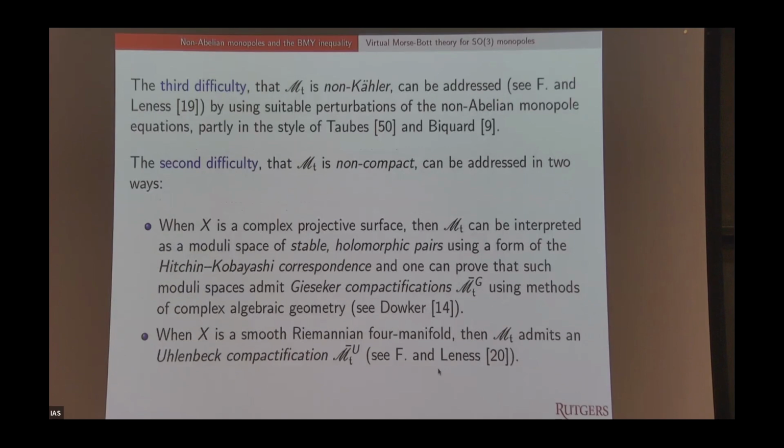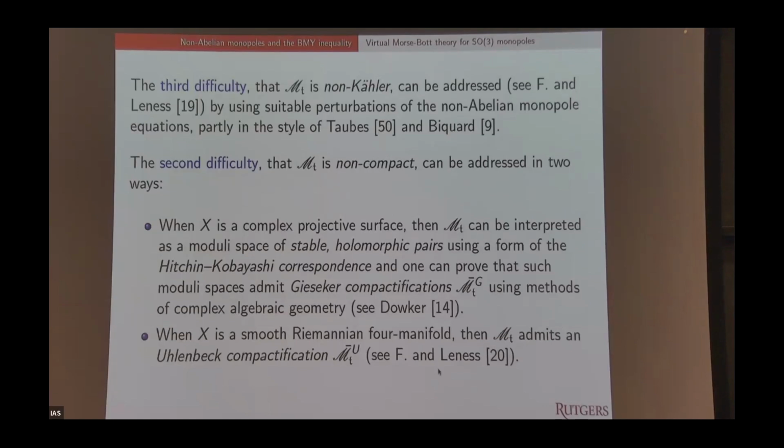Right, so one of the difficulties one has a way of addressing using compactifications of the kind that Karen described in her book, and are also described in Donaldson and Kronheimer, and famously used in the construction of Donaldson invariants. These moduli spaces admit an Uhlenbeck type compactification. And if you make a stronger assumption, that the Riemannian four-manifold is actually a complex projective surface, then you have projections which come from algebraic geometry.